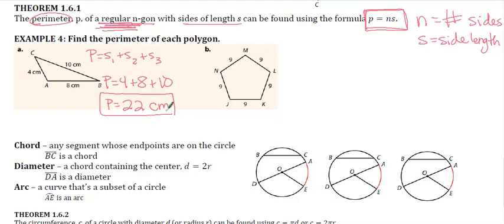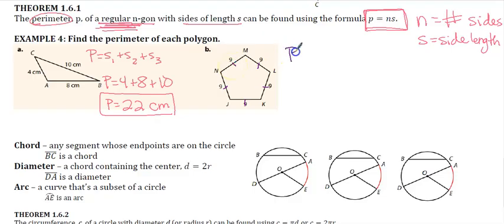Great. Now, if we look at this other one in polygon B, notice it says that our side length here is 9, 9, 9, 9, 9. So it is a regular polygon. I could solve it the same way, side 1 plus side 2 plus side 3 plus side 4 plus side 5.